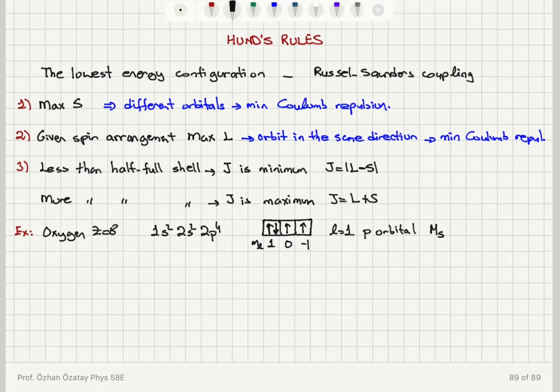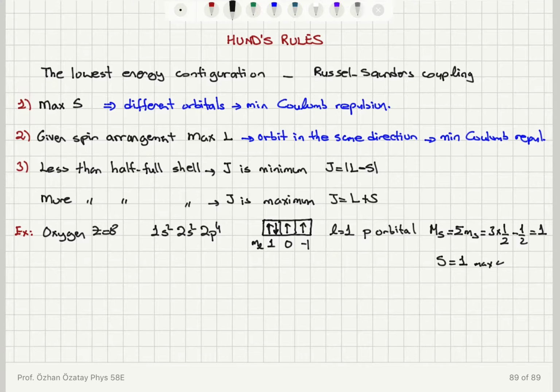If you look at the total spin quantum number m sub s, it's the sum of the individual m sub s values. So it's going to be 3 times 1/2 minus 1/2, that is 1. That's the maximum m sub s, and capital S is equal to 1. So that's also maximized.